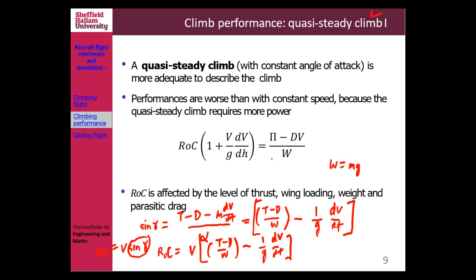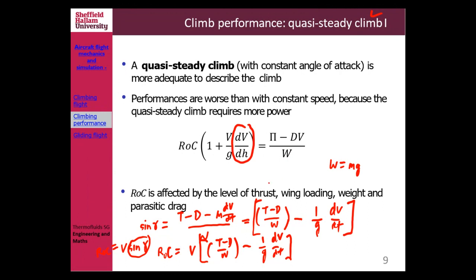Now you can see the conditions that we try to achieve in steady level flight. We mentioned that it was not really possible because the velocity changes over the altitude because rho is changing. That is represented by this term, dV/dH, meaning the change of velocity due to the change of altitude. That's the physical meaning.